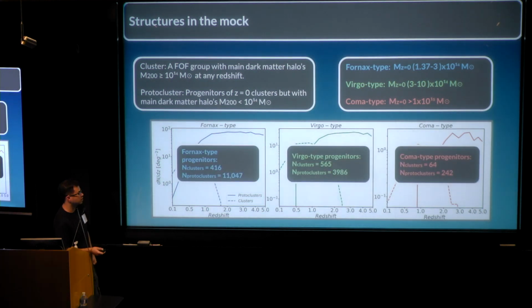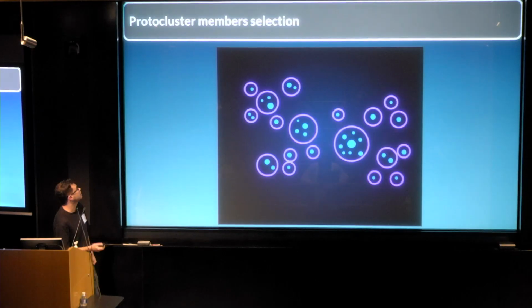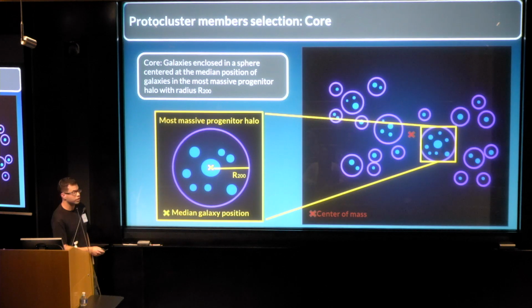So I have some numbers here, and we separate the different environments in protoclusters. It's just a cartoon. We define the core as all galaxies that are in the most massive dark matter halo that composes the structure. We can see that it does not always coincide with the center of mass of the structure.